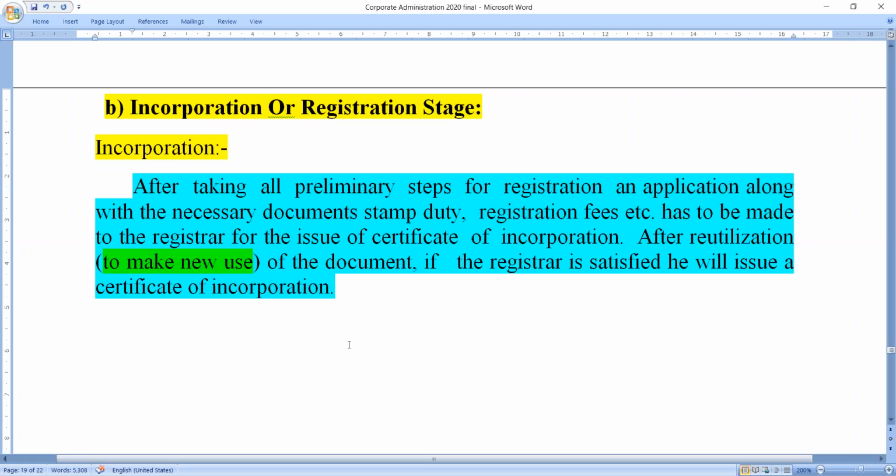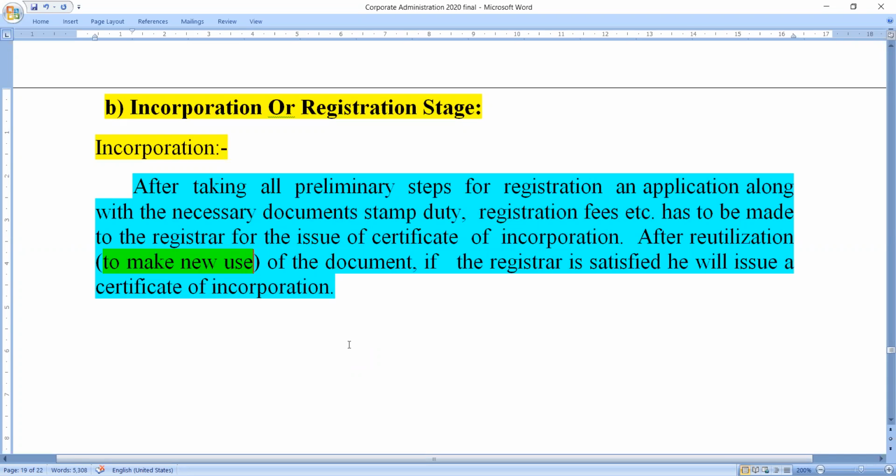We should know about this person. The registrar is the authorized person, the official. On behalf of the Companies Act, he performs each and every duty and responsibility. So we must satisfy the terms and conditions of the Act, and the documents are verified by the registrar.